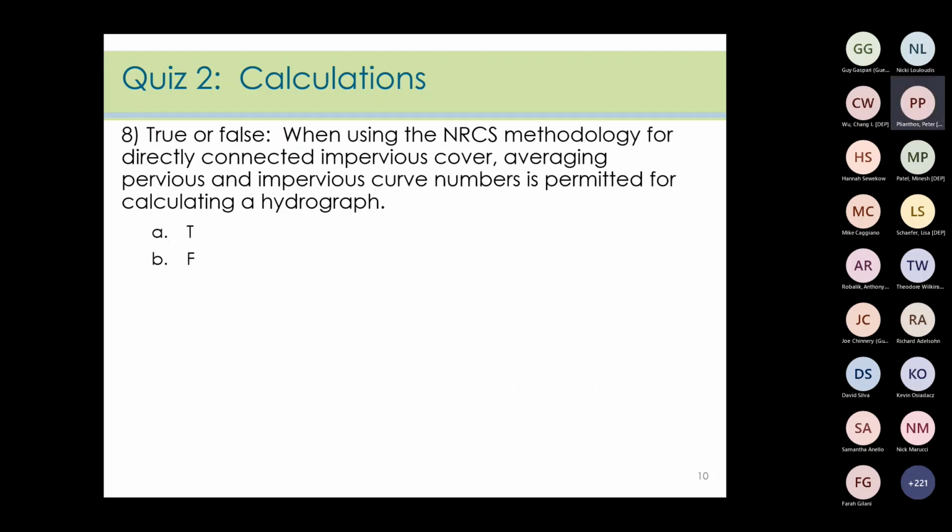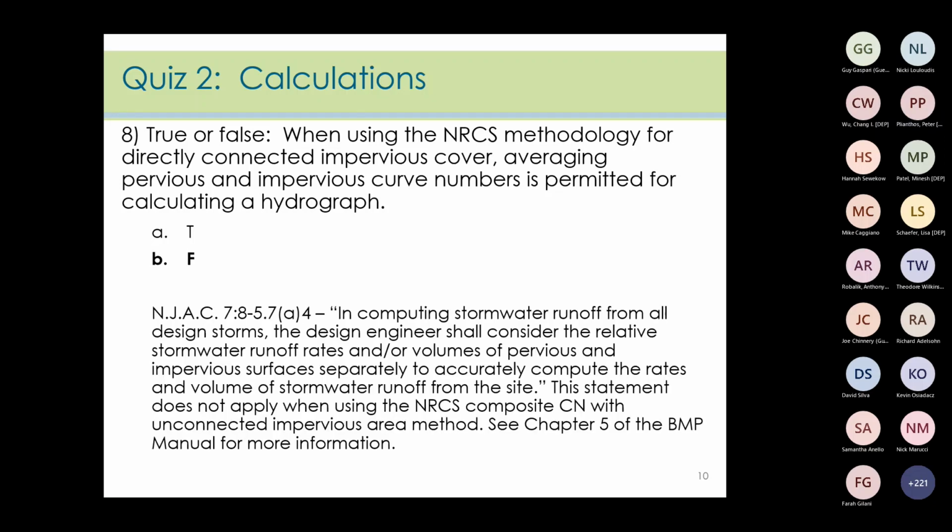Number 8, true or false? When using the NRCS methodology for directly connected impervious cover, averaging pervious and impervious curve numbers is permitted for calculating a hydrograph. This statement is false. So here's a quote from NJAC 7:8, 5.7A4.